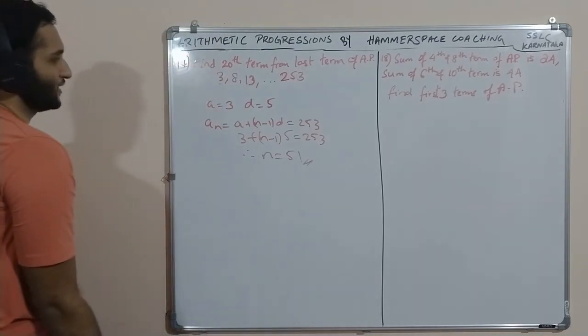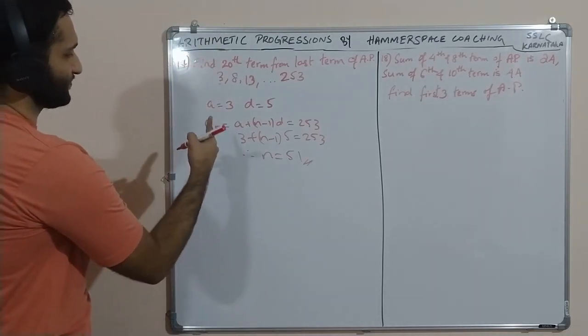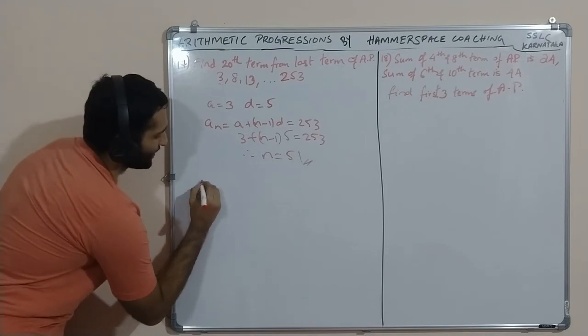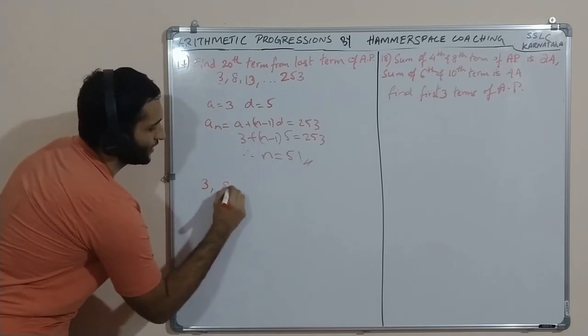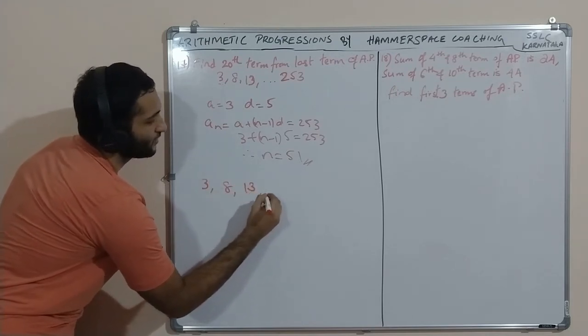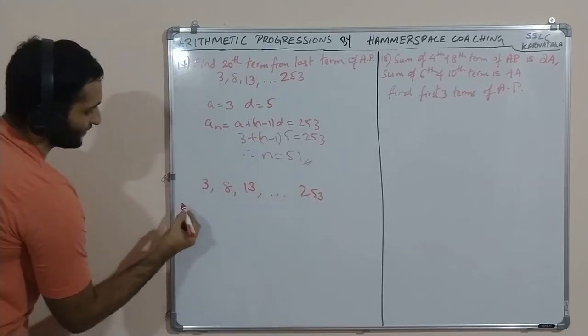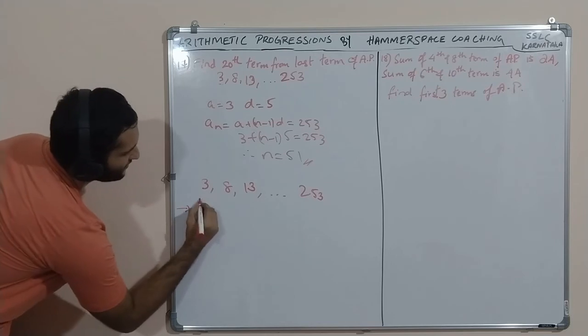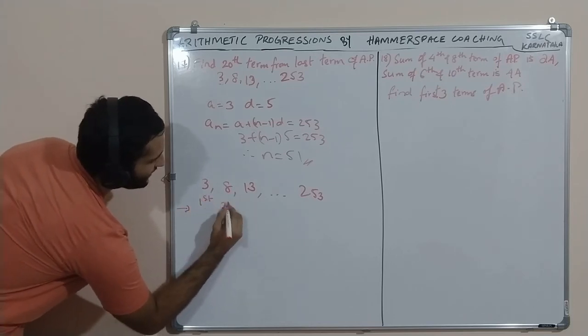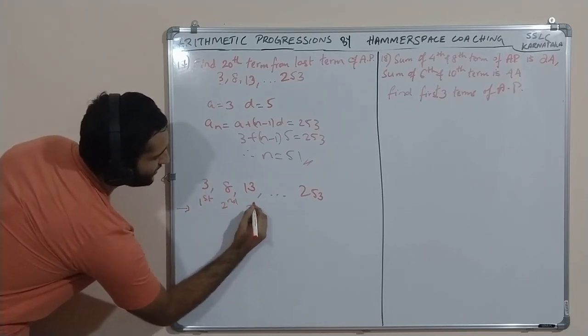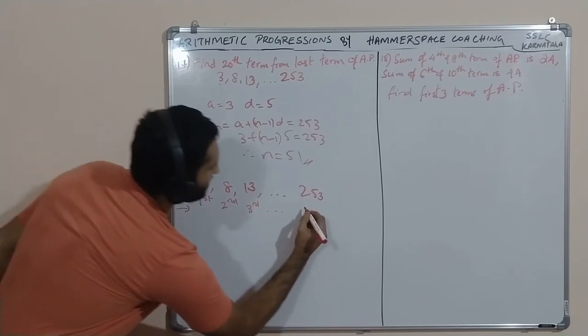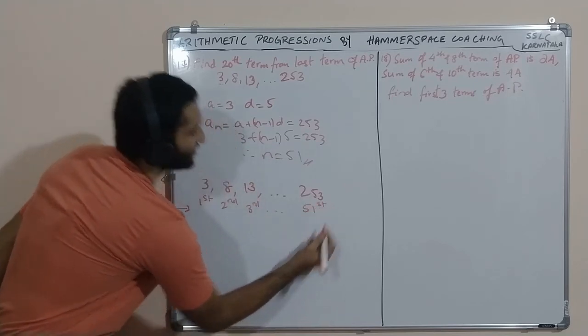So now let's write the same AP: 3, 8, 13, up to 253. From this side, this is the first term, this is the second term, this is the third term, and so on, and this is the 51st term.